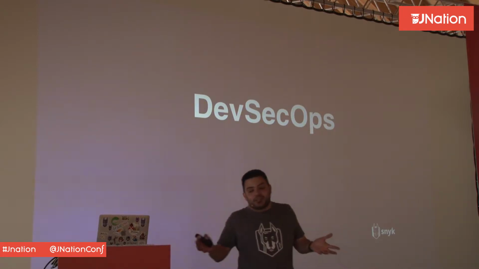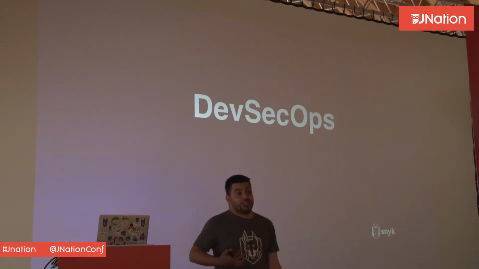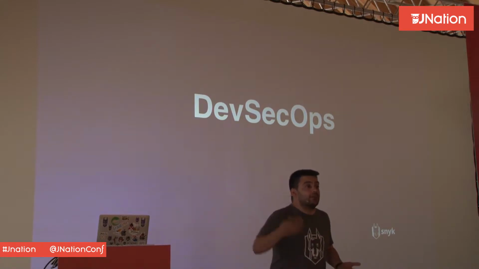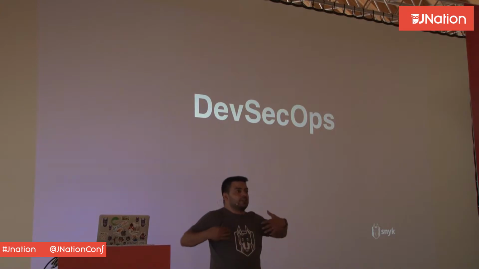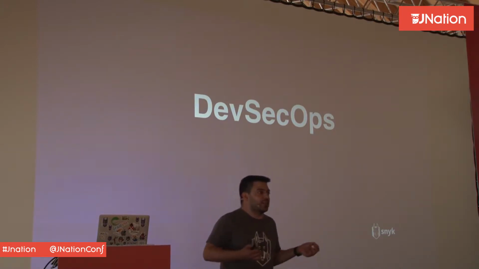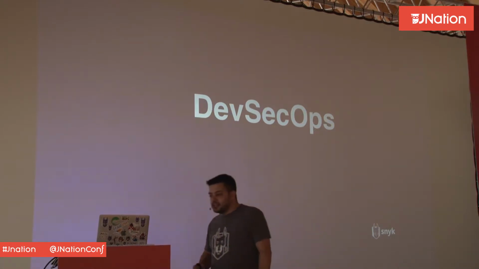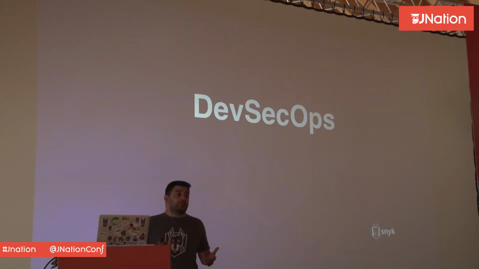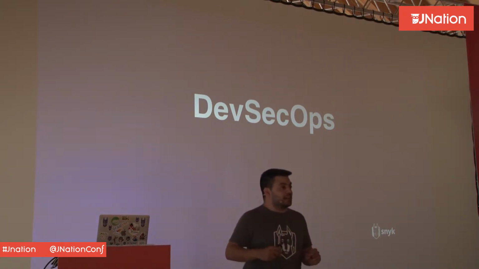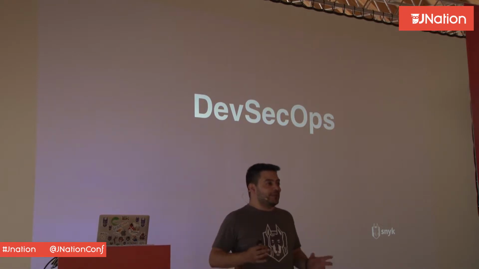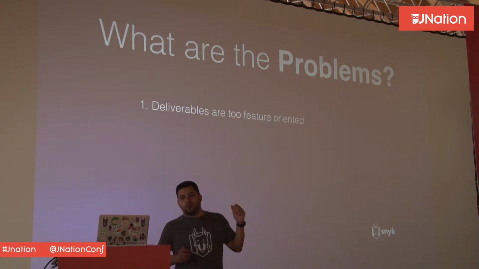DevOps is a very well-known way of getting code out to production very quickly, being able to do it repeatably, and being able to involve operations teams earlier, so that we don't have as many issues as we might typically have if we're just having developers in the meetings by themselves. So what the security team thought they needed was, why don't we be cool as well? Why don't we add sec in the middle of dev and ops, and we can have this cool new name as well? And it's actually really important for a number of reasons.